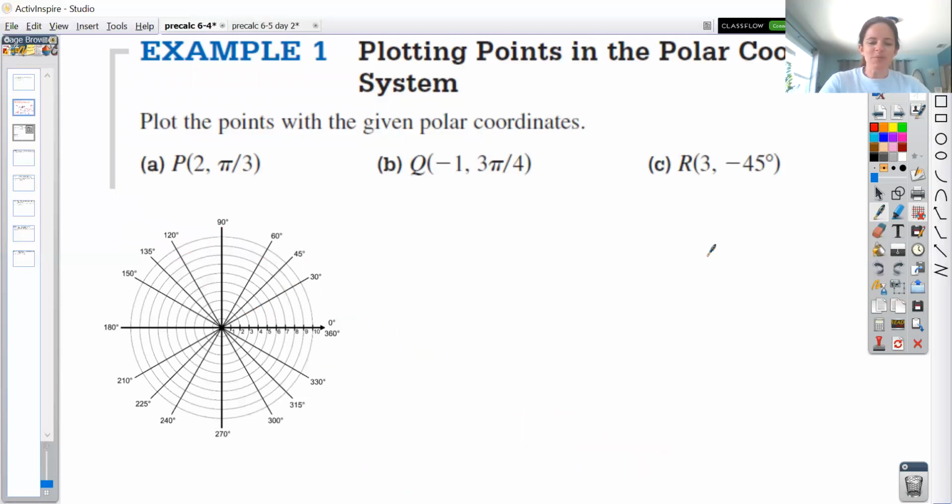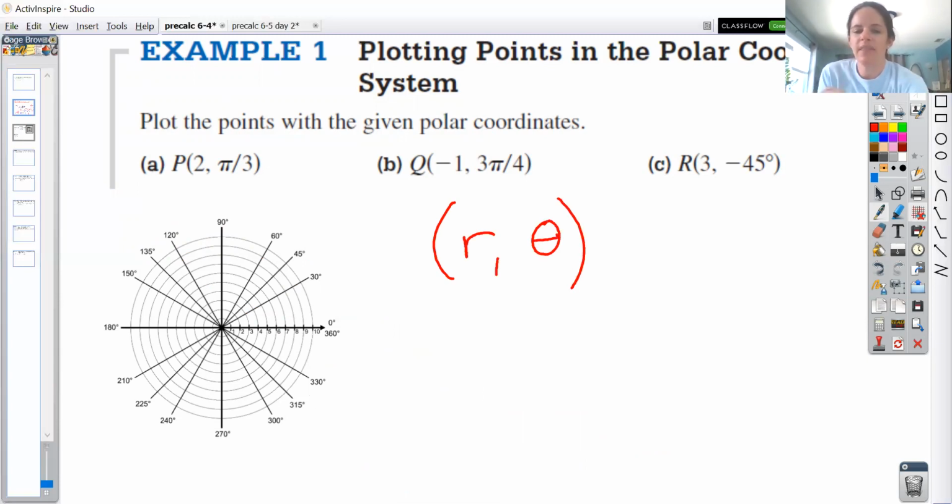First, we should just be able to plot points. Think about pre-algebra when you were first learning the Cartesian coordinate system, the rectangular system. You had to do things where you just graphed points. So that's what we're going to do here. The polar coordinate is given by the r first, and then the theta.